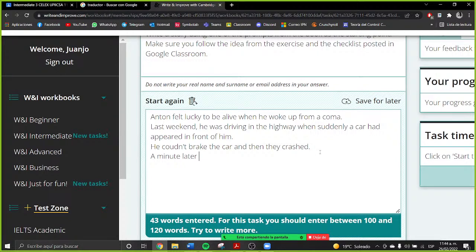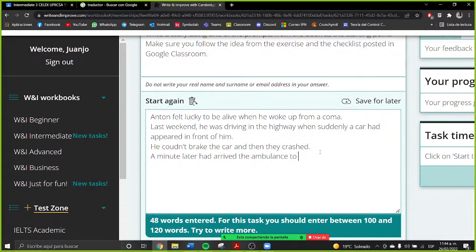Ok. ¿Es correcta? Had arrived. The ambulance. Ajá. Ambulance. ¿Con C o con S? Así. Así como estaba. Ok. Creo que sí. A minute later had arrived the ambulance. Para ayudarlo, ¿no?